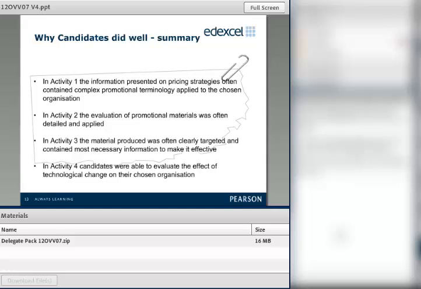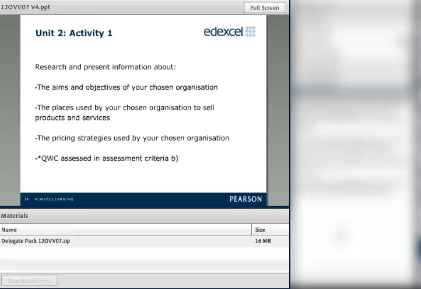The evaluation of promotional materials in Activity 2 was often detailed and applied, so that was great. The material produced in Activity 3, targeted, great again. And again, the evaluation in Activity 4, their actual evaluations seem to be quite sound. But we want to go through and look at it section by section, just so as you quickly get to grips as to what you should be concentrating on.